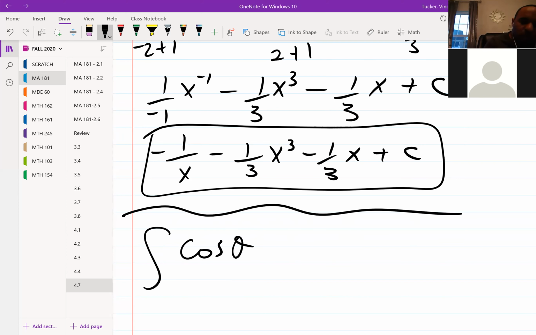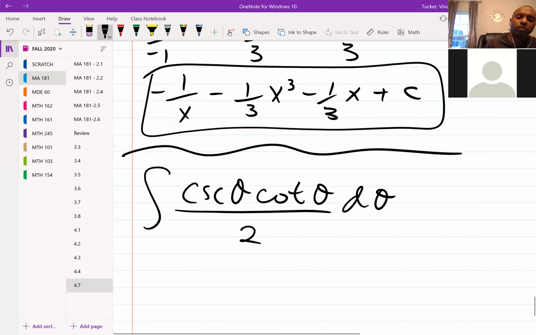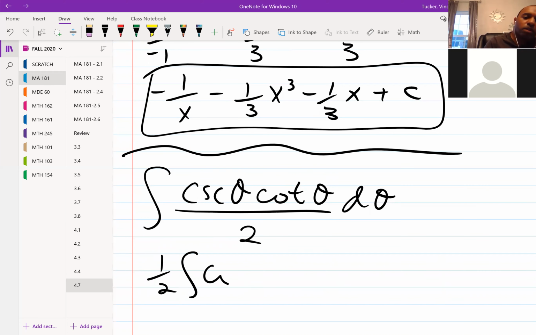Cosecant theta, cotangent theta over 2 with respect to theta. So I would bring that 1/2 out front, just so I'm looking at this.